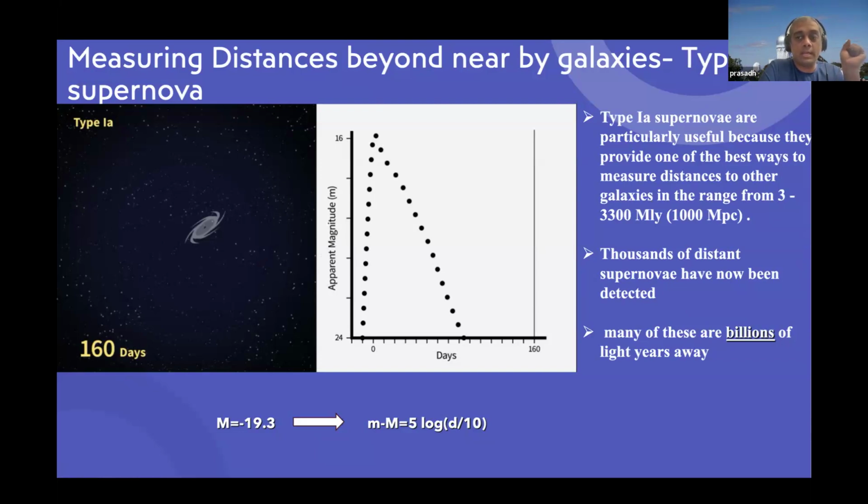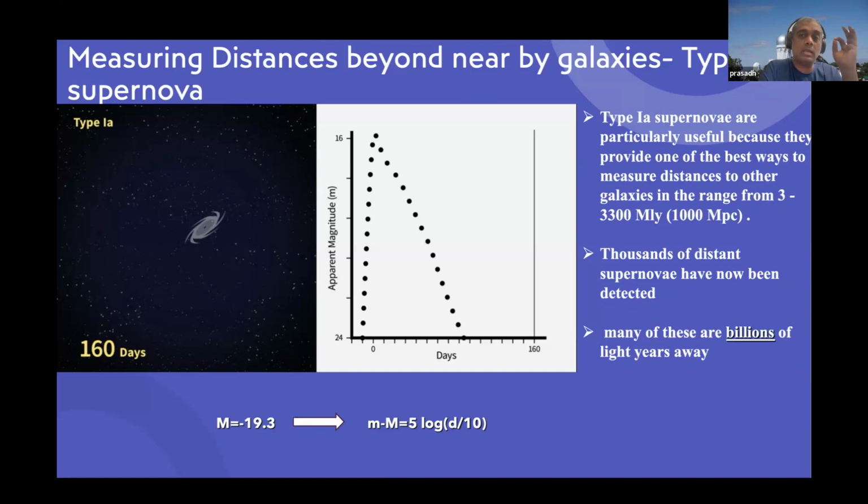And this peak brightness, or the peak absolute magnitude, will not change regardless of where it happens, in which galaxy cluster, which galaxy it happens. That value of M will not change, right? That is roughly around minus 19.3.